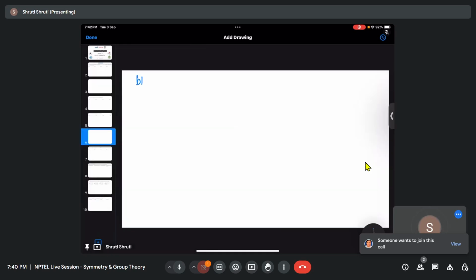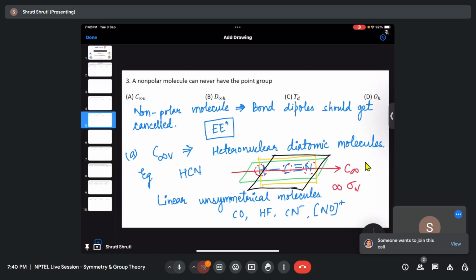Now the second option is D infinity h. Those molecules are linear and unsymmetrical, so dipoles are not getting cancelled.